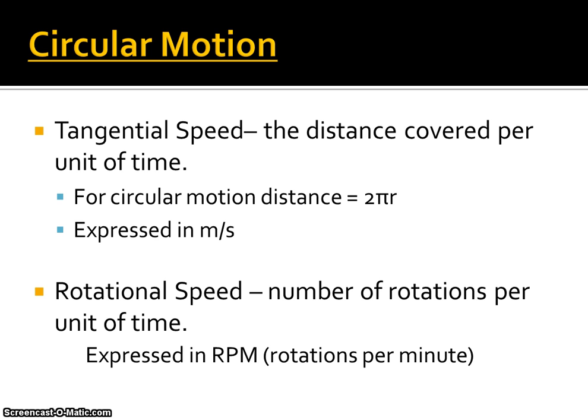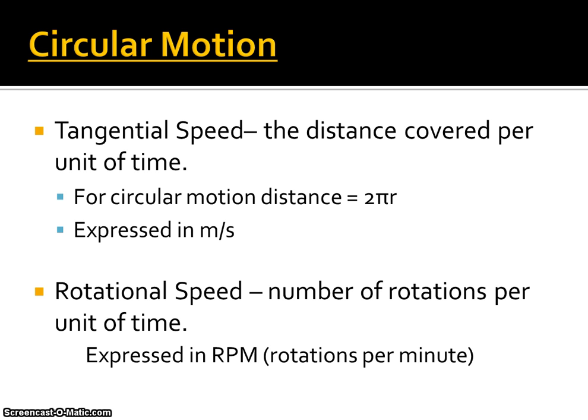And since we're talking about circular motion, I know most tracks are oval, but if we were going to take the circular motion of what you did, we would multiply 2 times pi times the radius of the track. So if it happened to be a circular track, we could get the radius from the center to the outside, and then we could take that distance and divide it by the time.